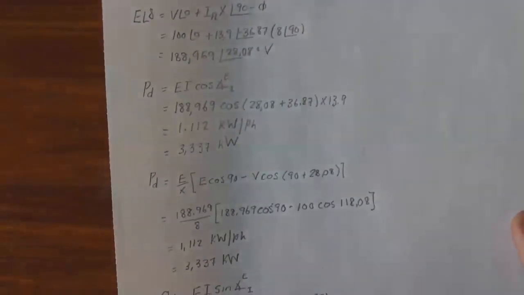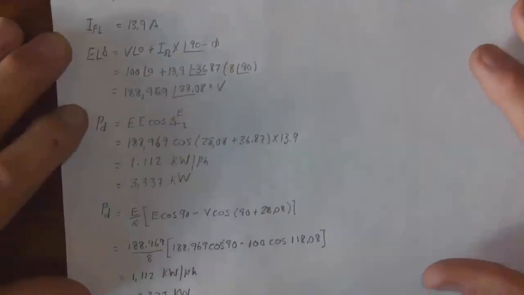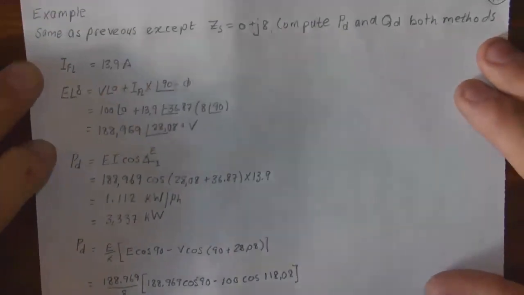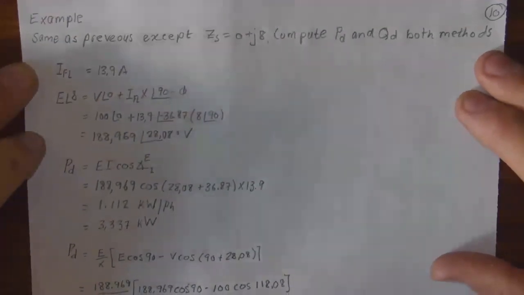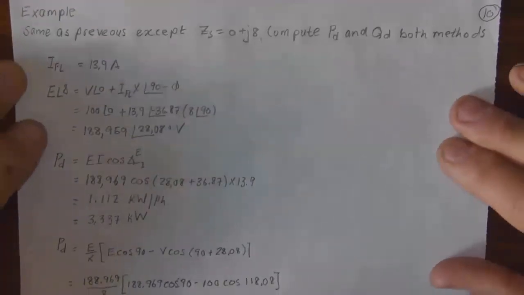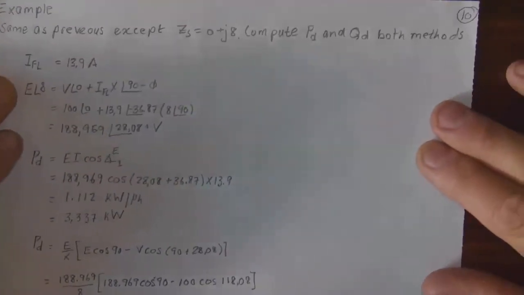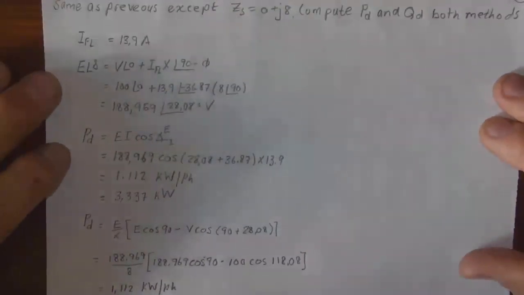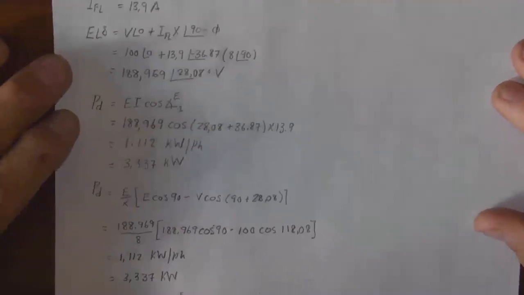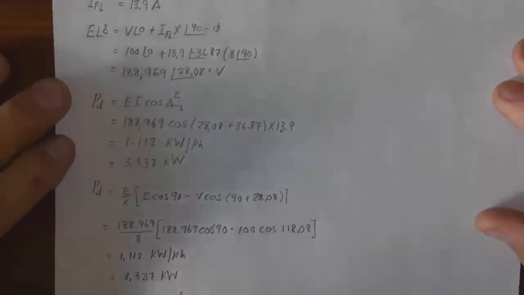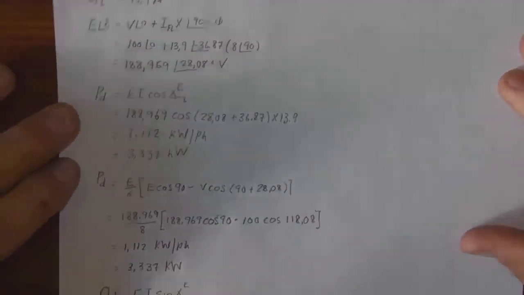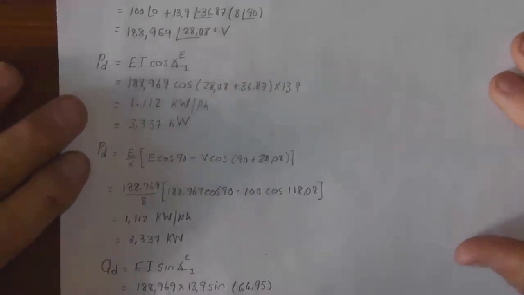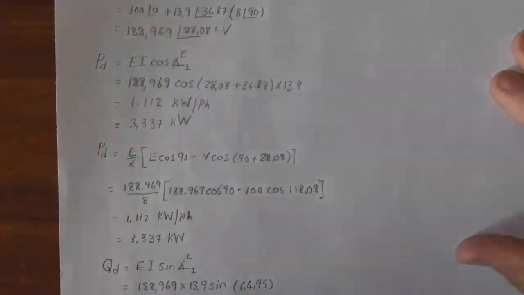Now, example 2, the same as the previous one, except that Z is now just reactance. Compare PD and QD, both methods. So I full load is 13.9, E is 188.969, and then P developed is EI cos of the angle between the two. That gives us 1.112 kilowatt per phase.